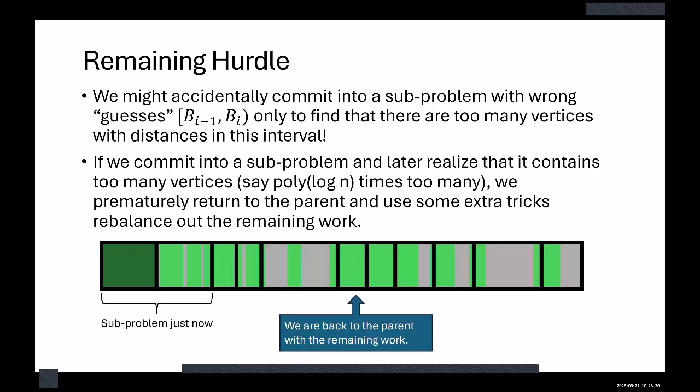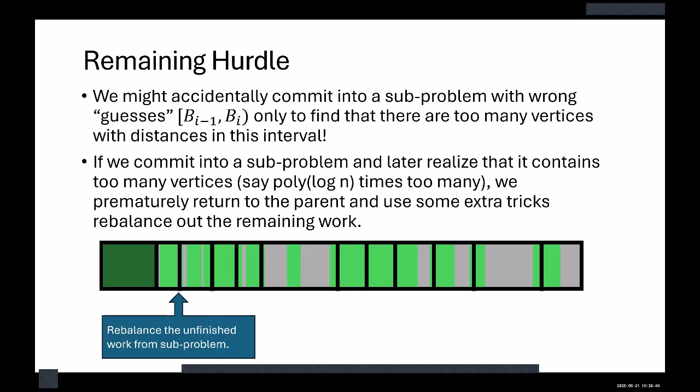So what we'll do here is prematurely end the subproblem and go back to the parent. Here the subproblem is supposed to be this size, and we prematurely ended after only computing up to this point. And what we will do is rebalance all the remaining work.